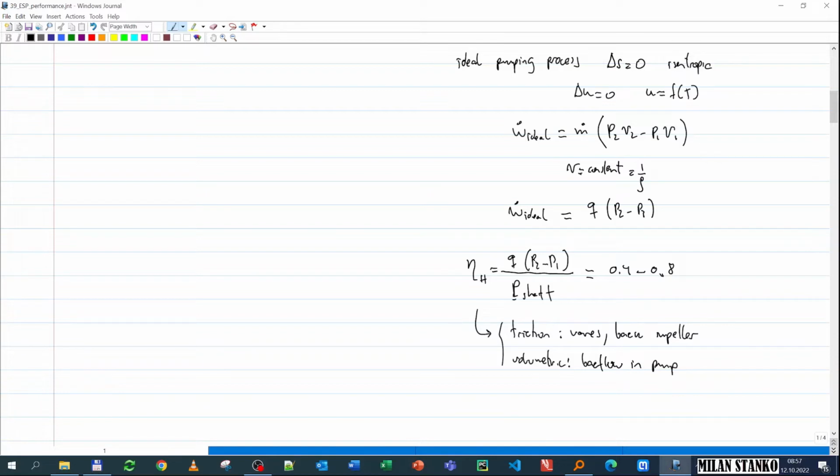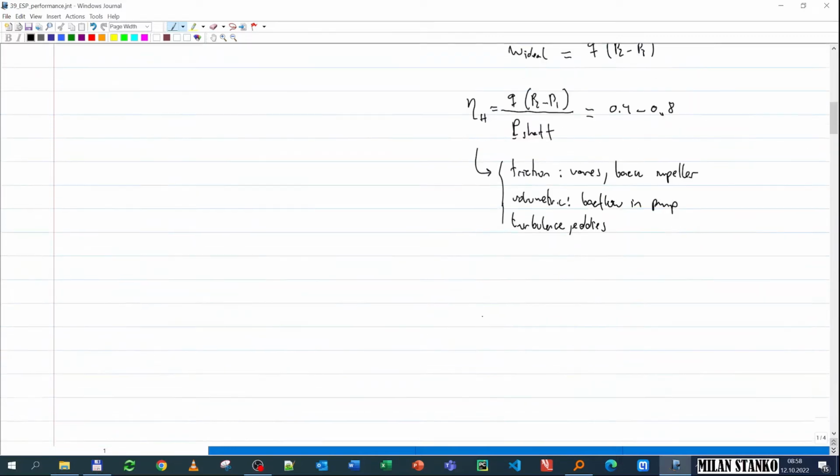And you also have friction and turbulence, and formation of eddies. All of these phenomena cause the process to not be ideal. It's real.